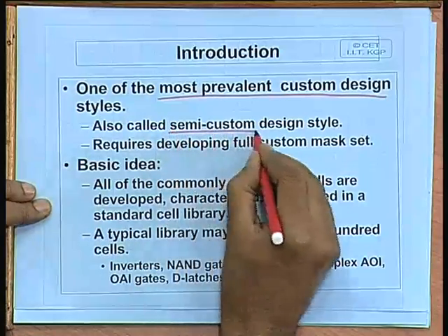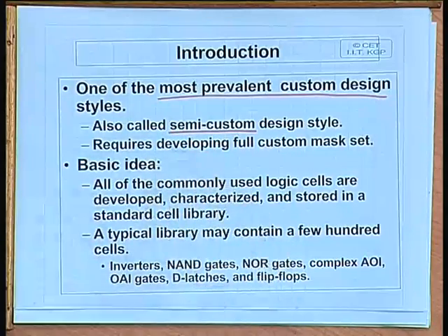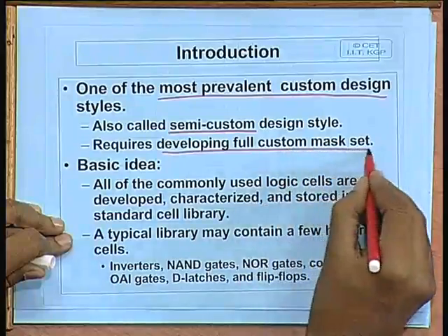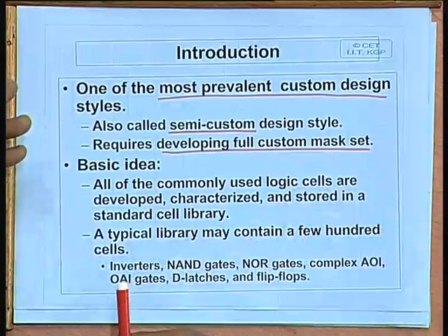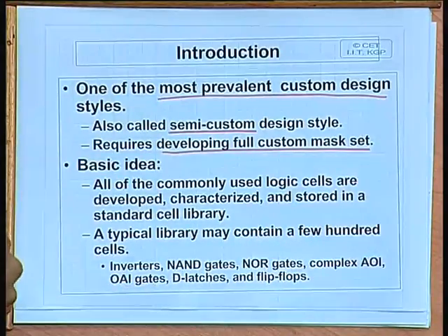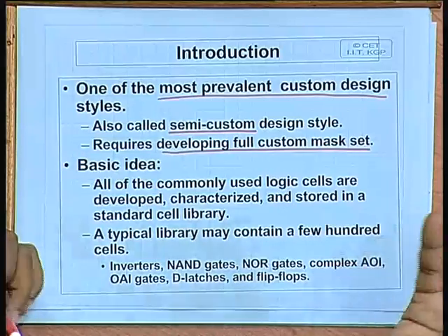This is called semi-custom because there are some steps which are done from scratch, or done quite exhaustively, but there are some steps where you simply pick up something from an existing library. You are not redesigning everything. Something you are taking as existing basic building blocks and you are trying to connect them together to form an actual design. But these chips require the entire set of mask set to be framed and fabricated. So with respect to the fab facility, you will have to pay for the entire thing. The chips will be manufactured entirely depending upon your design requirements.